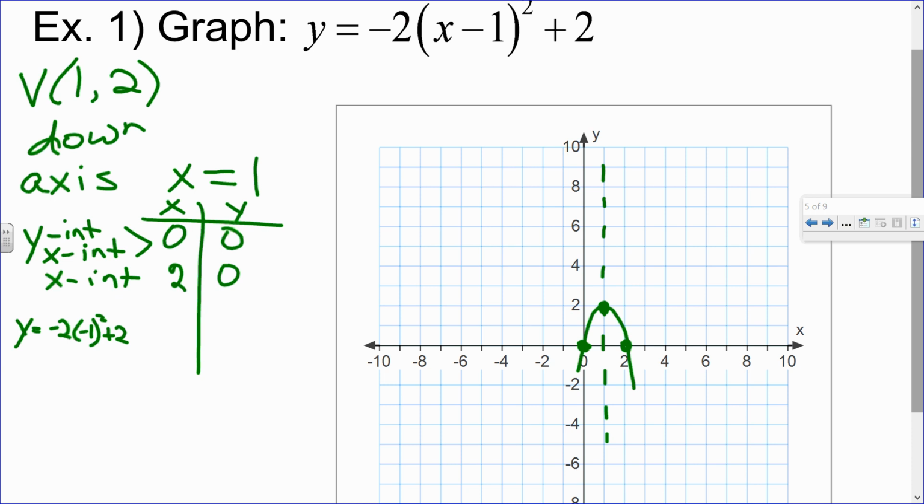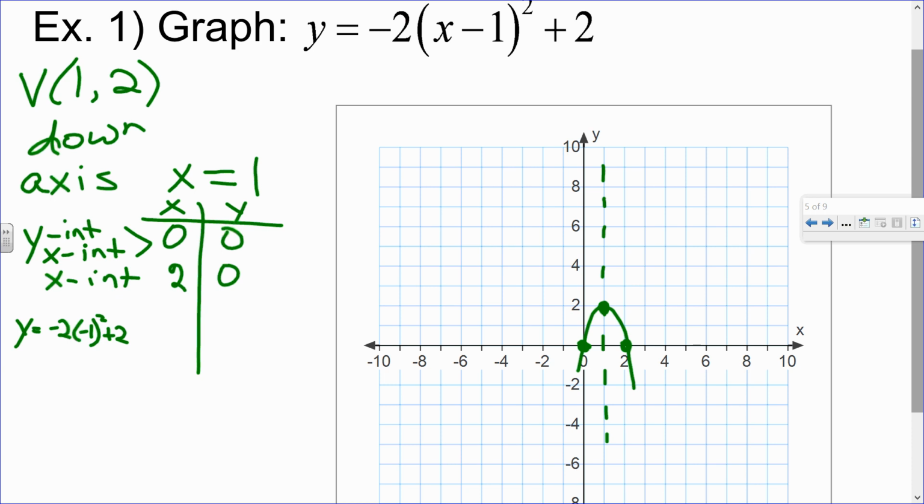I don't know, what do you want to plug in? Gina, what do you want to plug in for x to get another point? Do you want to plug in a half? That's not going to give a lattice point, is it?